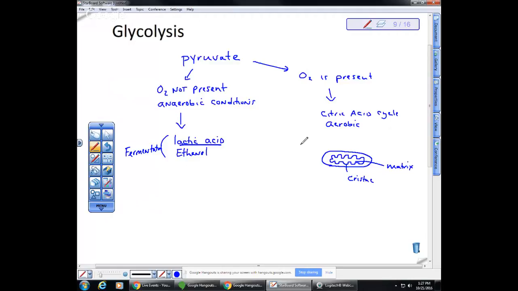The oxygen that we breathe in gets dissolved in the cytoplasm of the cell and then gets transported into the mitochondria. So oxygen is used inside of the mitochondria, which is quite amazing, because remember how we talked about how the mitochondria were once probably a separate organism that became incorporated into us.